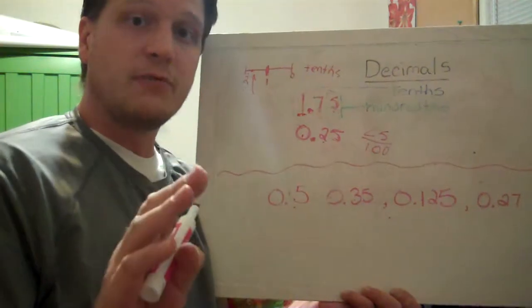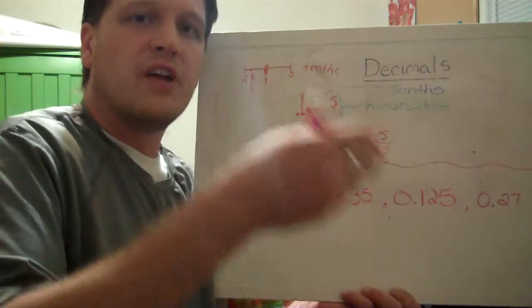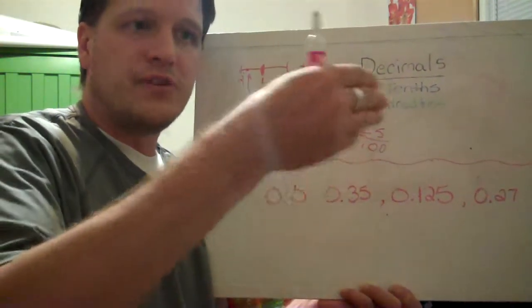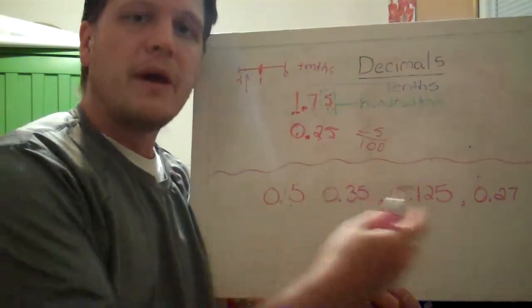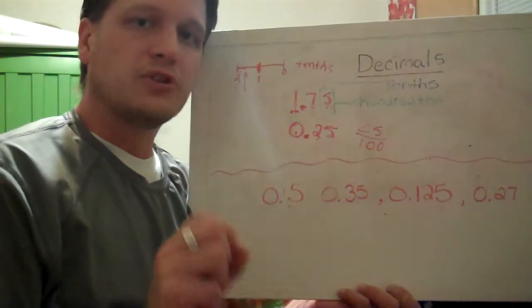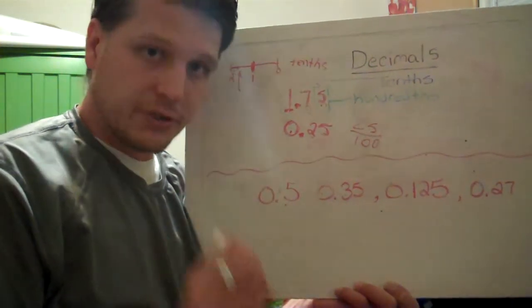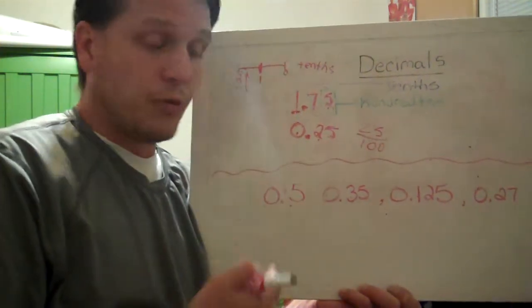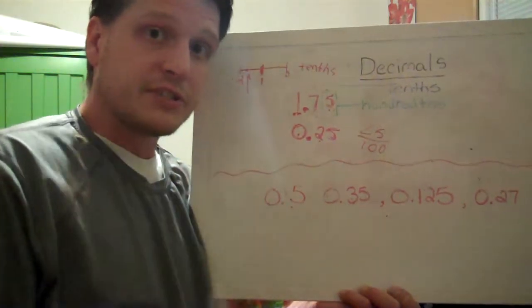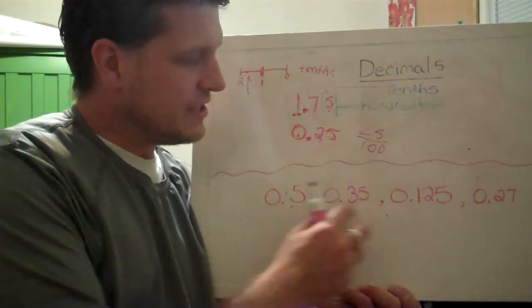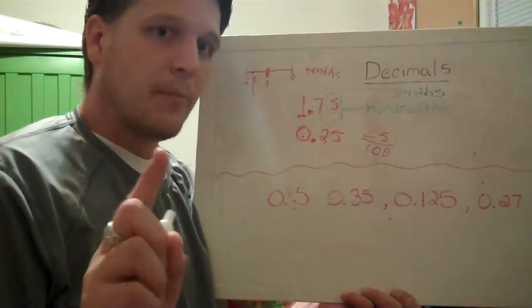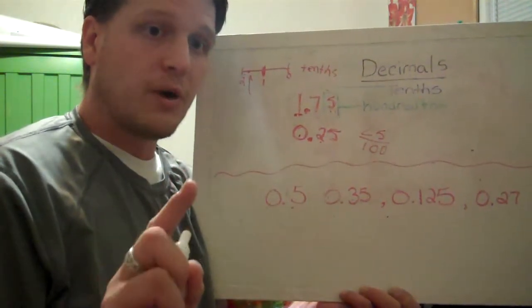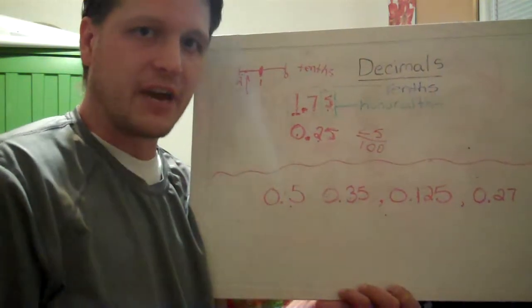Unless there's a 0, and then you move to the hundredths place, or you keep moving places until you find a digit you can compare to see which numbers are larger or smaller than the others. Since we're ordering from least to greatest, and these 4 numbers are less than 1, the place value we're going to look at first is the tenths place.